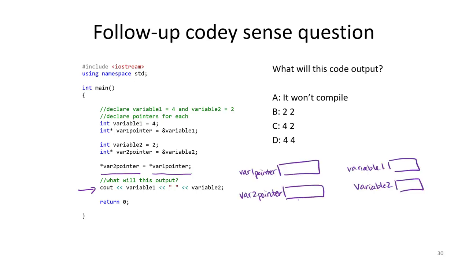So in this case, once again, we start our program by declaring and initializing variable 1. Variable 1 is assigned the value 4, and variable 1 pointer is assigned the memory address of variable 1.